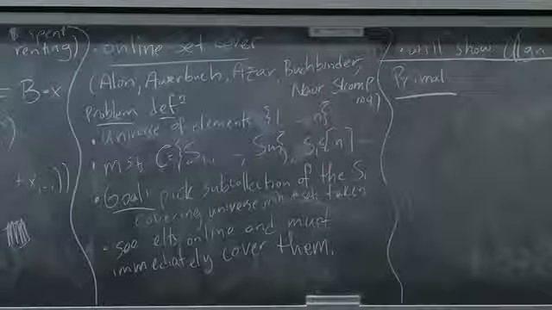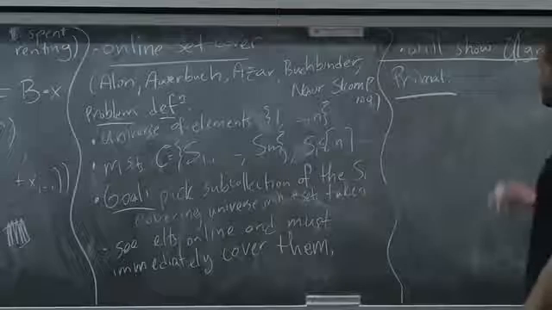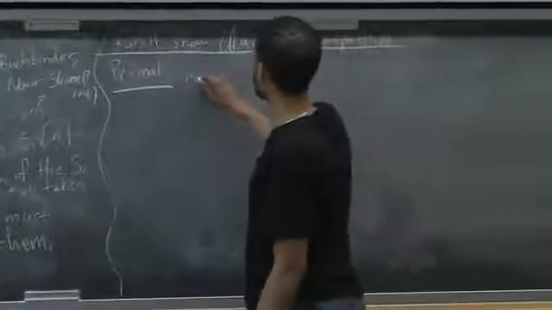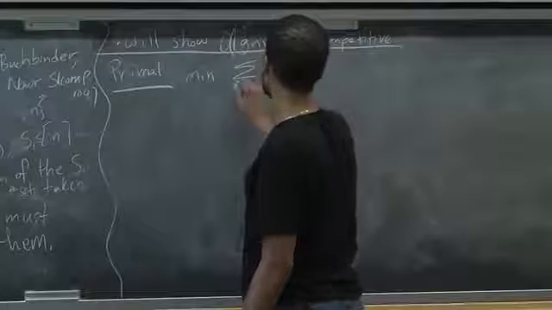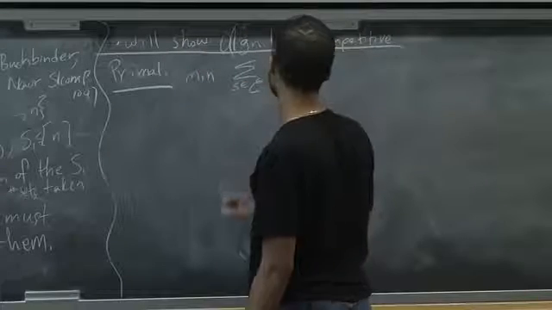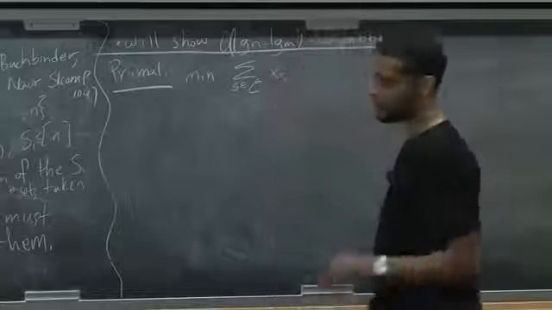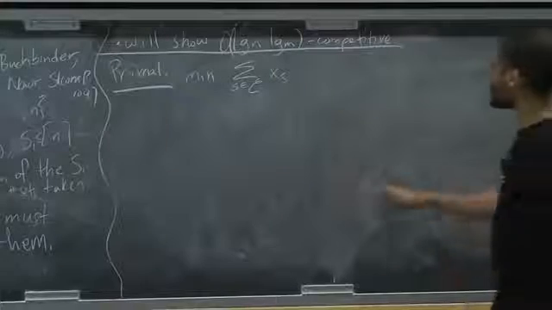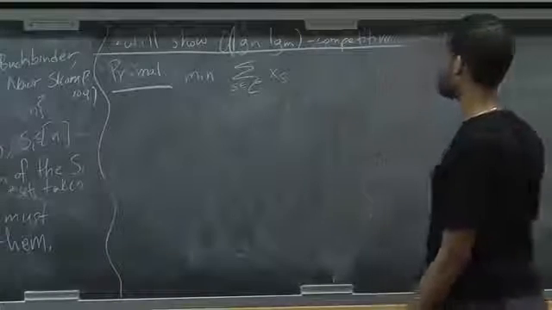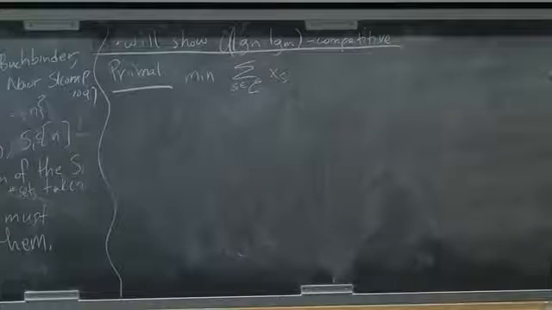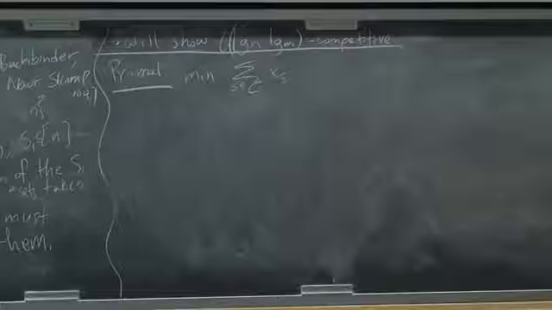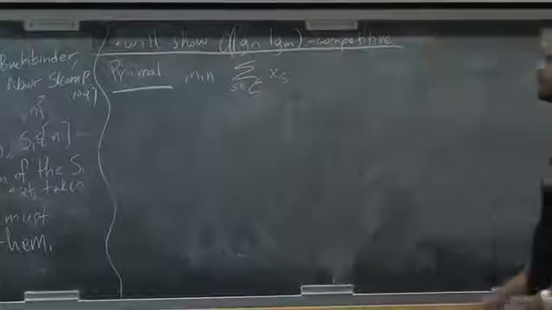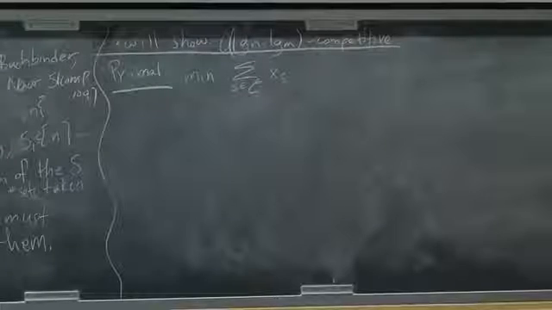We want to minimize the number of sets taken. So we want to minimize the sum over S in our collection of X sub S. And normally XS has to be either 0 or 1, but we can't enforce integrality in linear programming. If you enforce integrality, that becomes integer programming, which is NP hard.